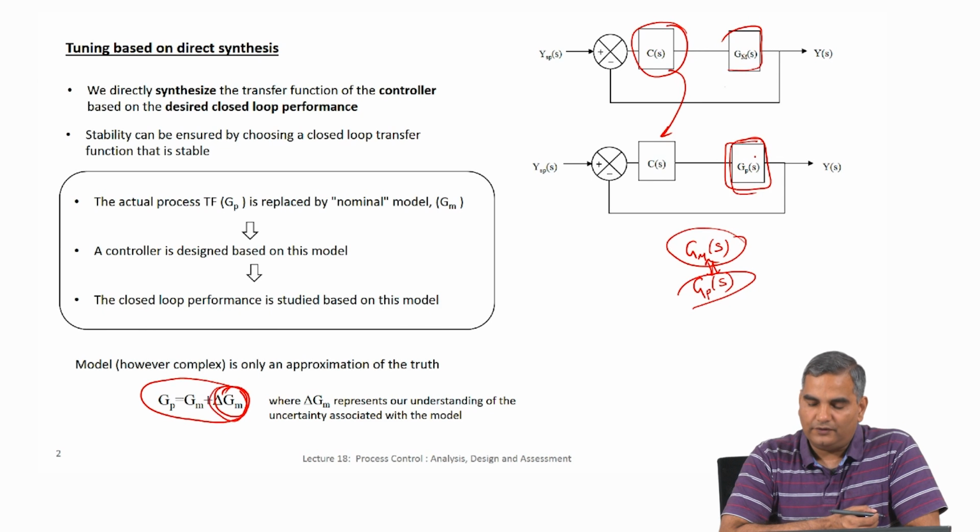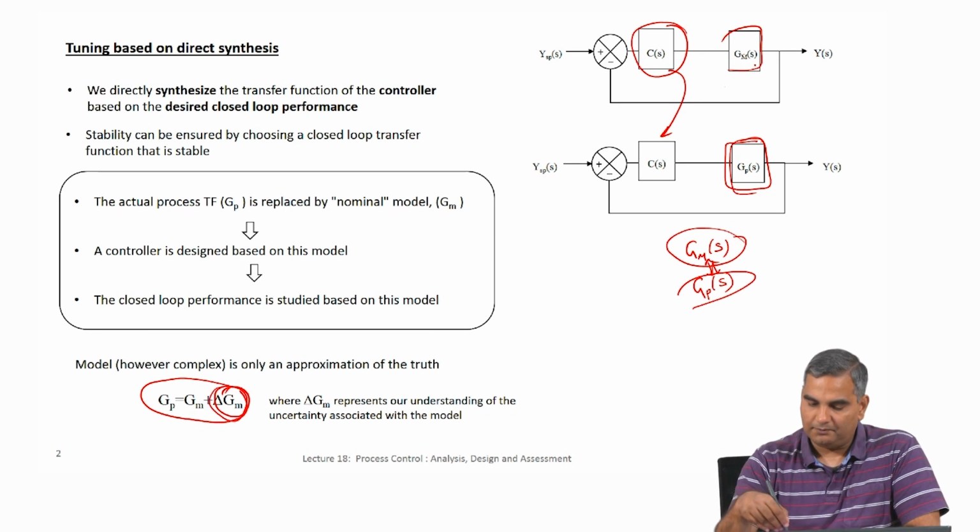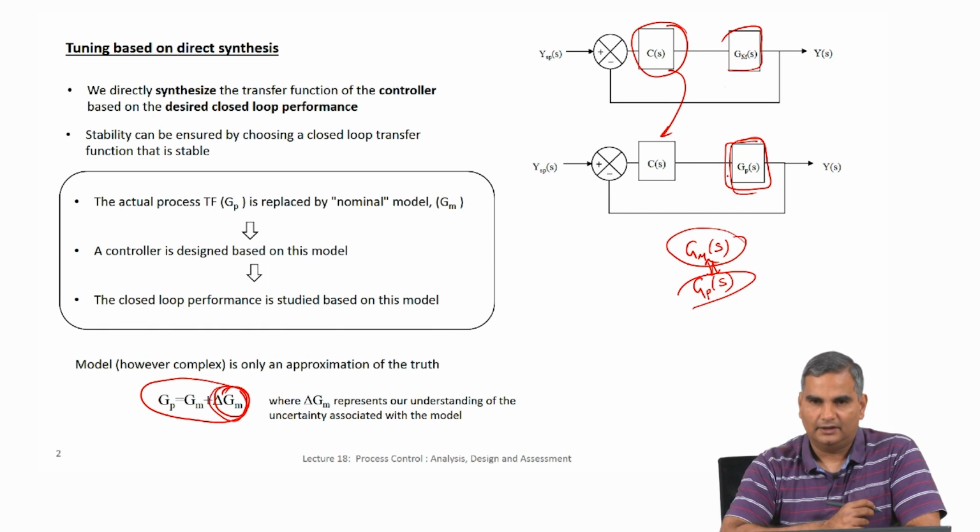So, ultimately what we are going to do is the following. We are going to design a controller based on a model, and then implement the controller. If you want to realistically study the effect of this controller on the process, then you have to truly implement it and see what happens.